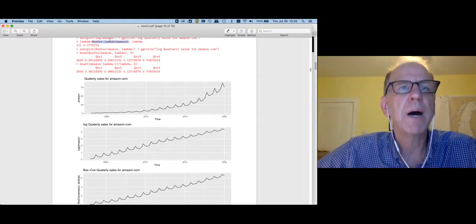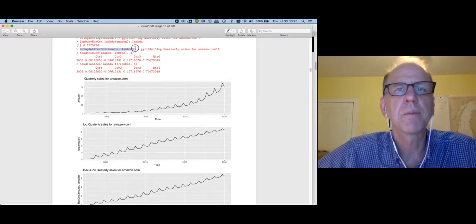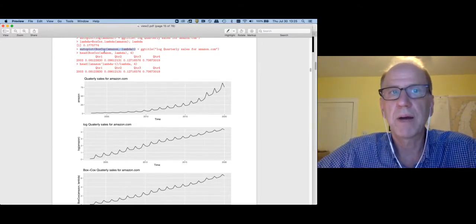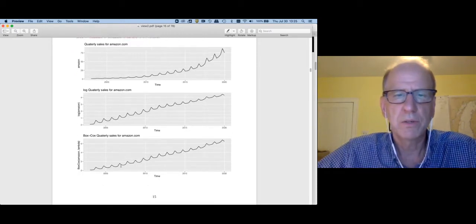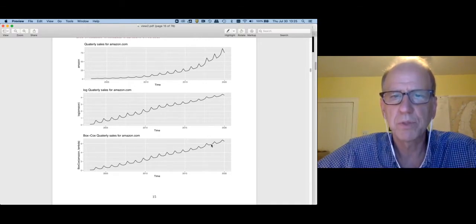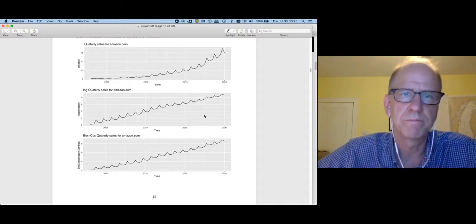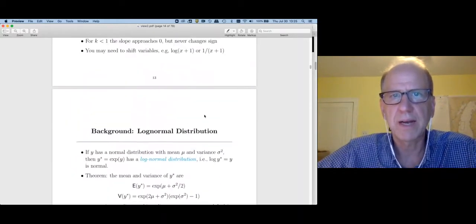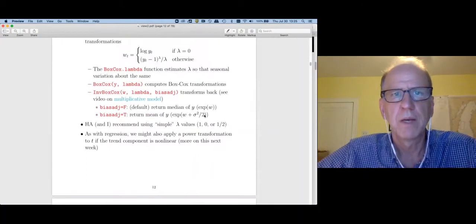So in this bottom plot, I can apply the lambda that I estimated with the Box-Cox function. This one doesn't quite shrink the amplitude as much as the previous one. All right, so that's an illustration of using the Box-Cox function.